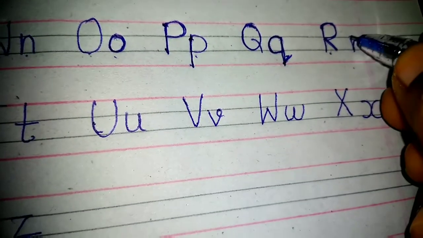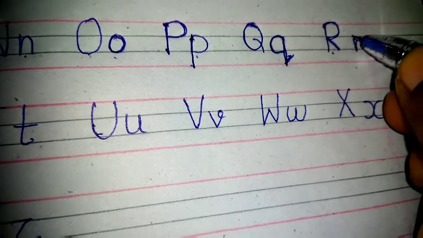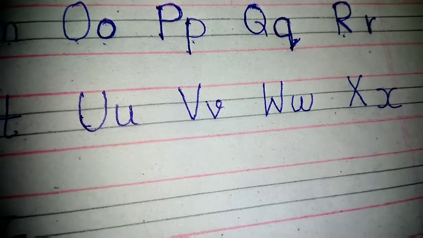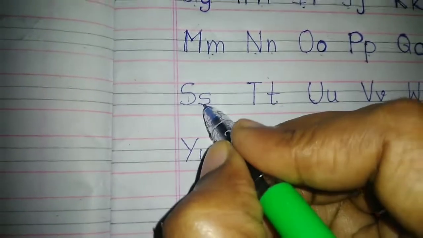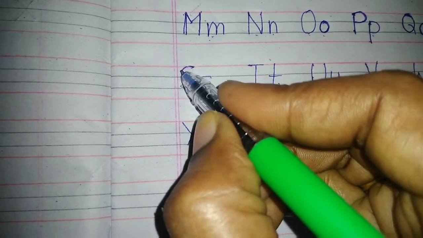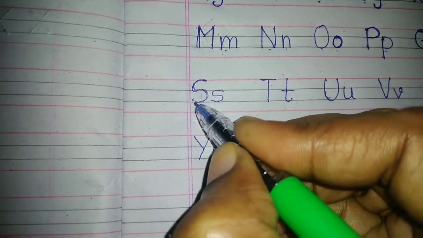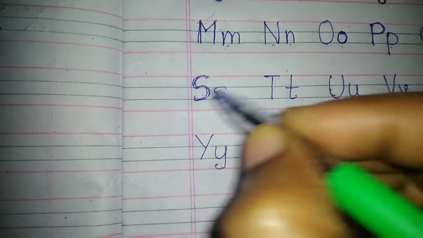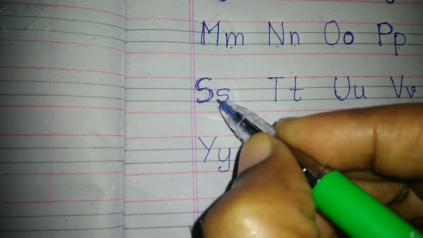But small r belongs to only 2 lines, standing line, upper curve. Now capital S and small s, there is no difference, but when you are writing in a 4 rule book, there is a small difference. It's a right curve joined with a left curve.